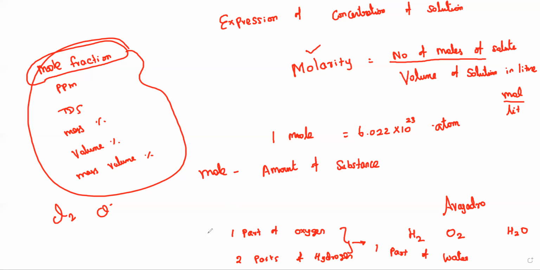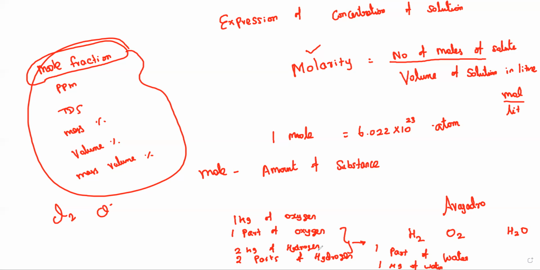But if I say 1 kg of oxygen is joined with 2 kg of hydrogen, what will happen? Can we get 1 kg of water? Is that correct or not? If it is correct, tell me how it is correct.